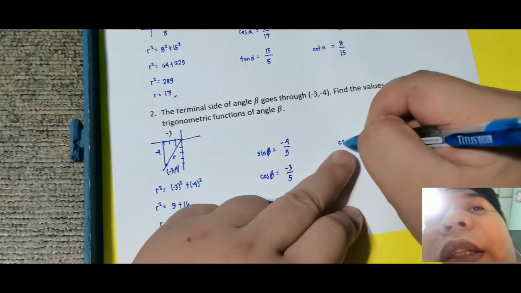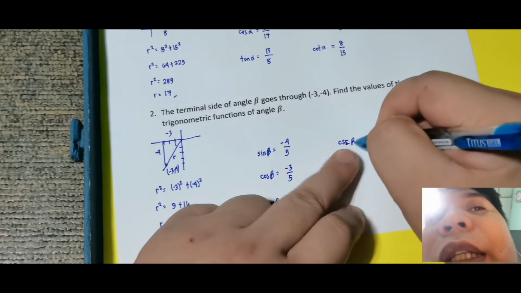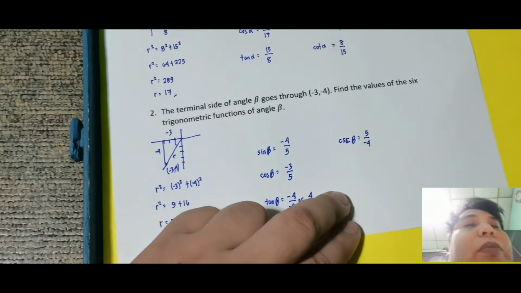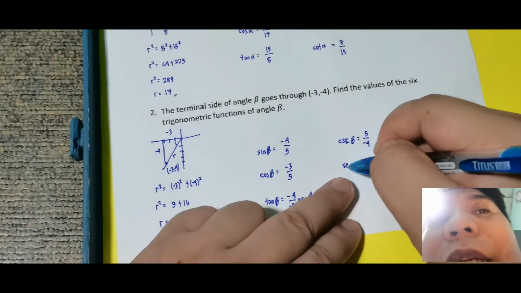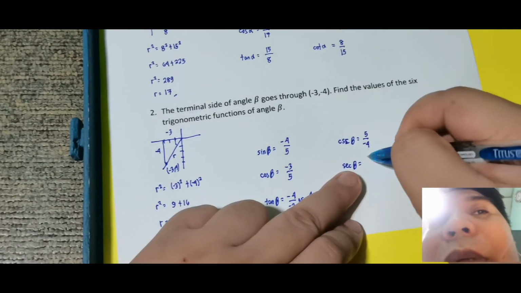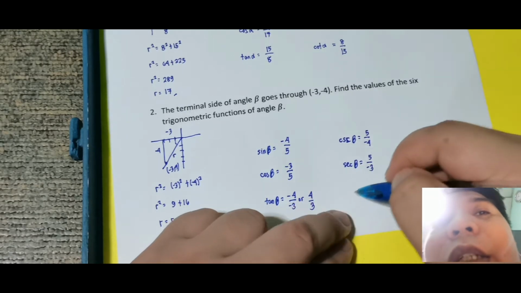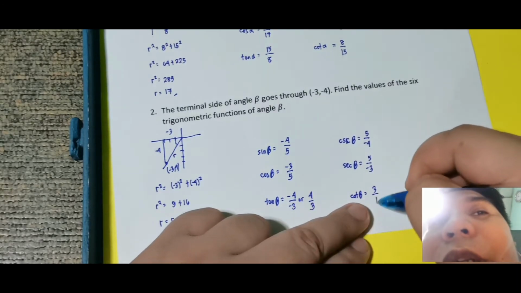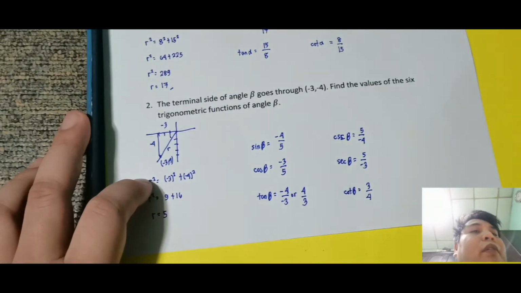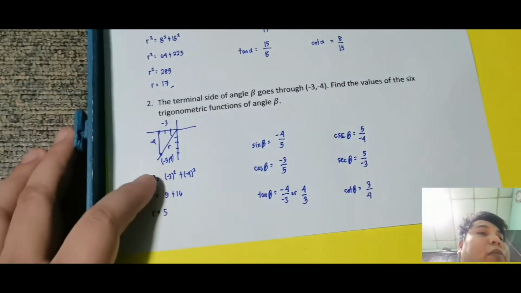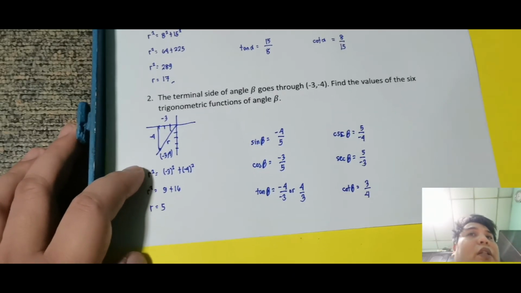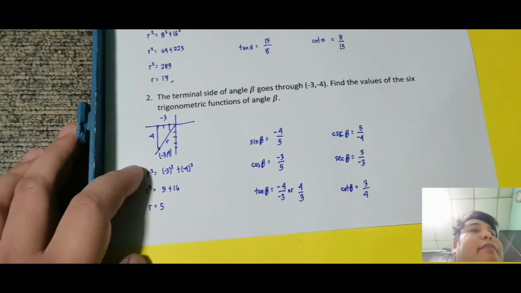This is cosecant beta is equal to 5 over negative 4 or negative 5 over 4. Secant beta is equal to 5 over negative 3. Then, cotangent beta is syempre 3 over 4. Kasi magiging positive din naman. Okay, so napansin mo, binabaliktad ko na lang dito. Mas madali kasing tignan. Okay, so ganun siya kadali, ganun ka-basic to pag 6 trigonometric function.